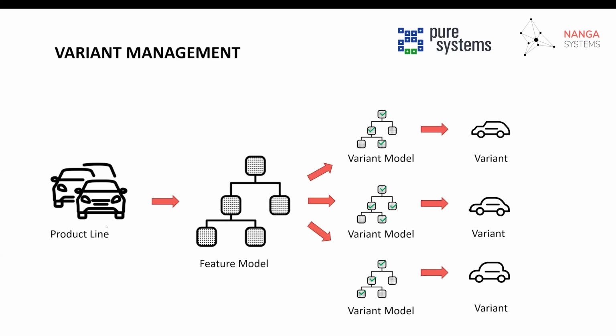All the information about the product line is stored in the so-called feature model, the 150% document, which he called the single point of truth, I guess. And out of this feature model, we can build up different variants for our specific product variants.